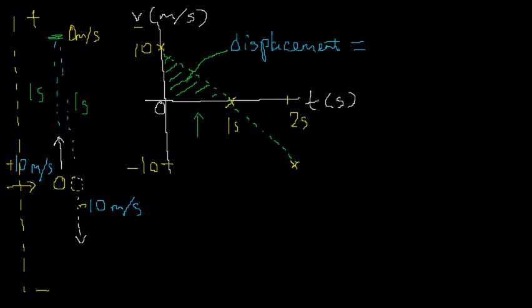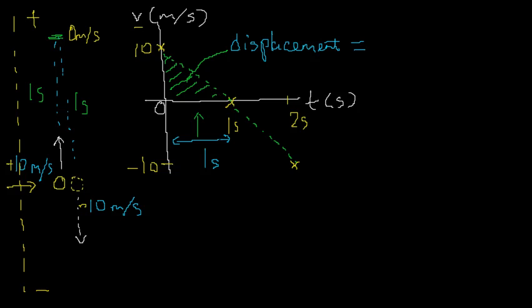Now, I can find that quite easily because it's a triangle with a base. The base of this triangle is here. The length is 1 second. Okay, so it's a bit strange. We're not talking about centimeters or meters here. It's actually 1 second. That's the kind of a length, but it's not really a length.